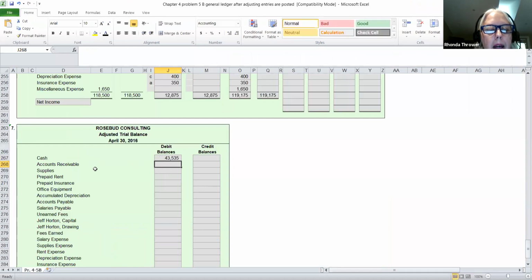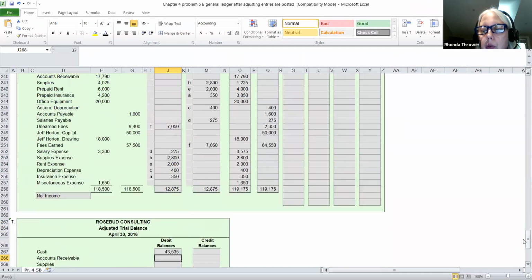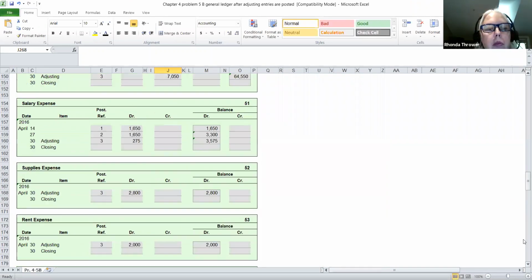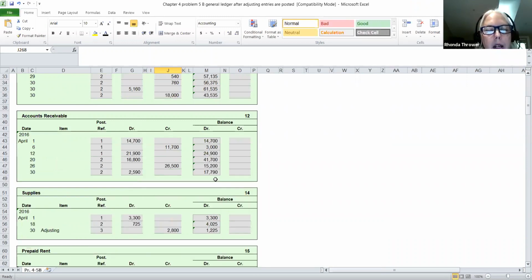The ending balance in your accounts receivable account. So we'll scroll to my ledger account. We'll look for accounts receivable. It's right here. The ending balance is $17,790.